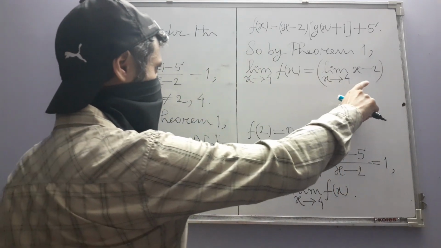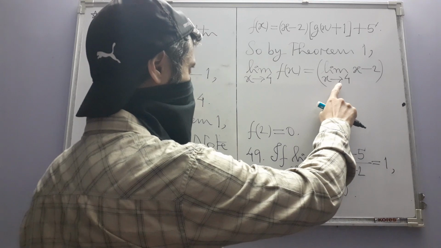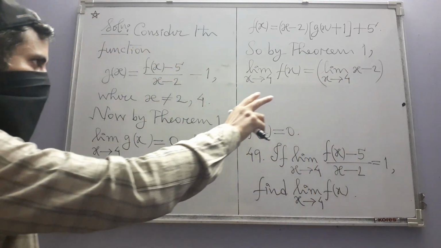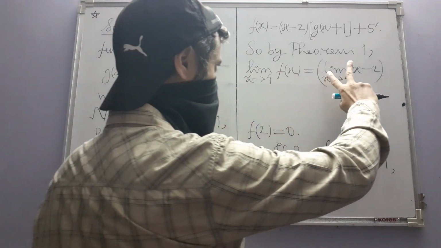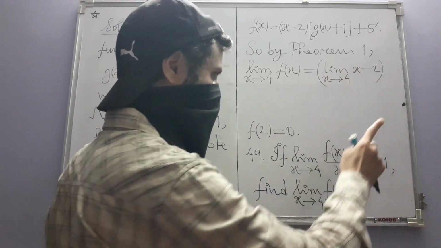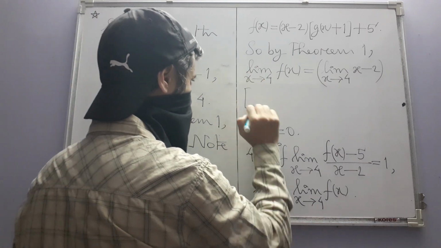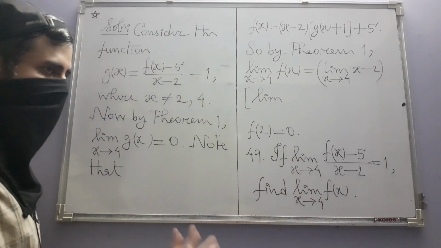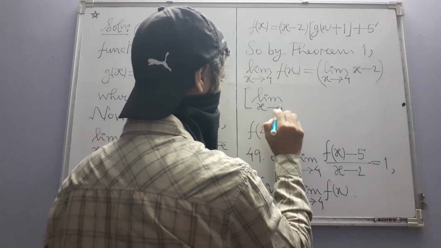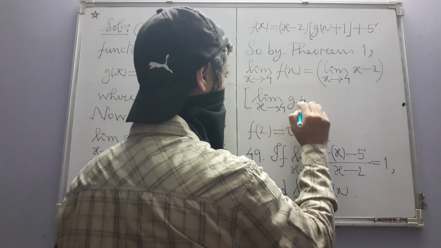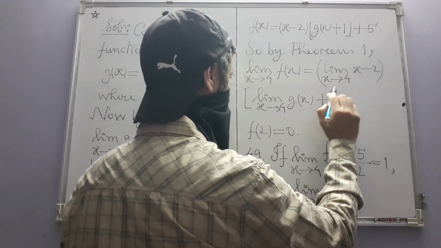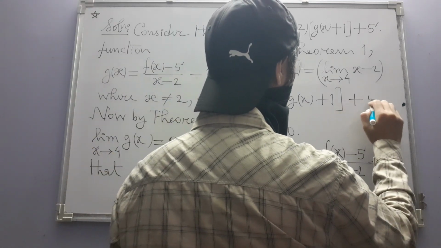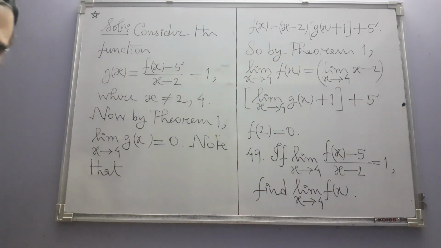And when I am writing this now, I do not mean the limit of x minus 2. What I have written here is what you can see here: the limit of x minus 2, with minus 2 separate, times, because we know that the limit of minus 2 will be minus 2. Here also similarly 1 has been written separately, plus the limit of 5, which will be 5.